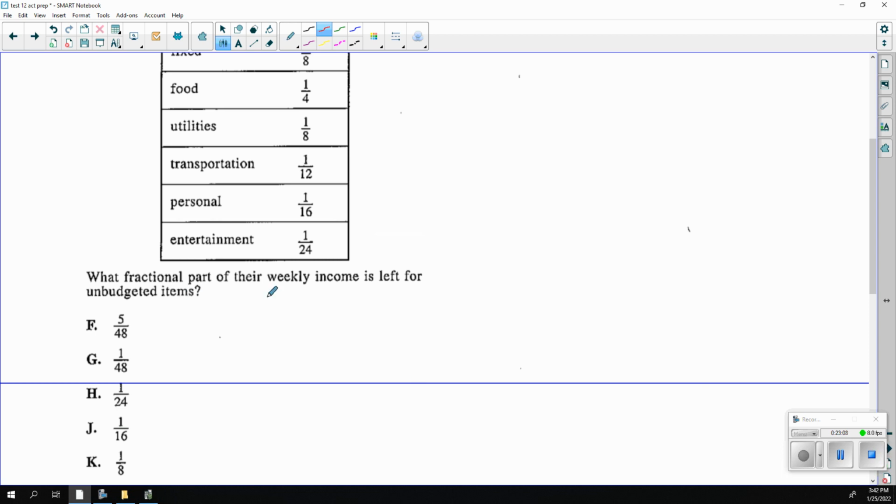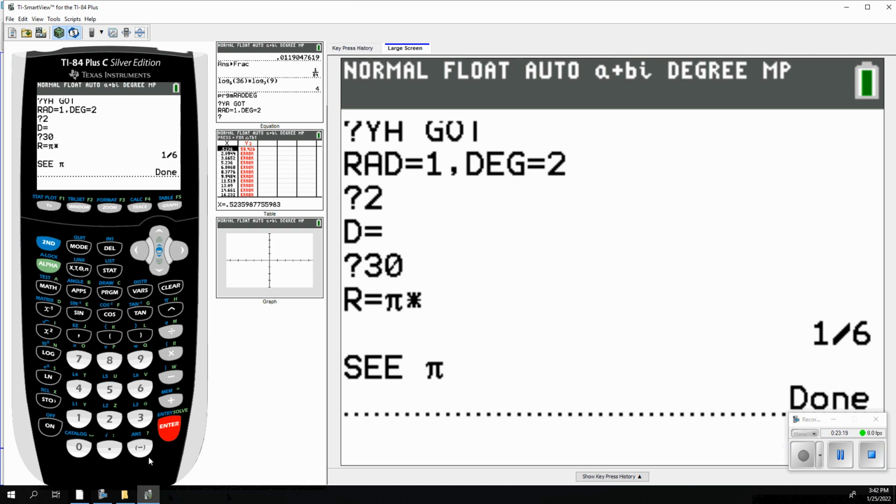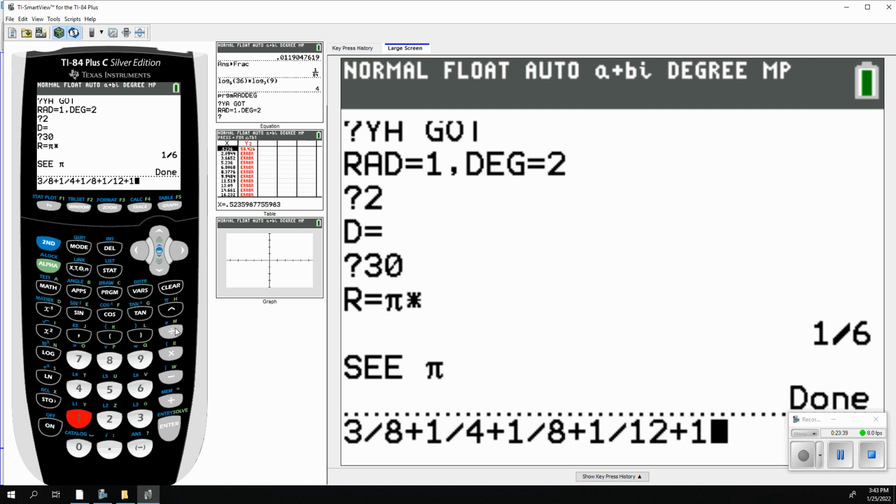What is left for unbudgeted? So all you're going to do is take these and add them up on a calculator. 3/8. I don't make it a fraction. I find it easier to just go 3/8 plus 1/4 plus 1/8 plus 1/12 plus 1 over 16.